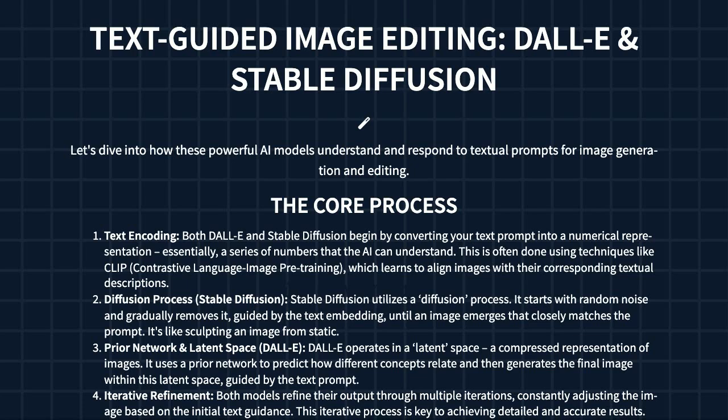DALL-E works in a slightly different way, using a latent space to make the whole thing more efficient. And both models keep refining their images over and over again based on what they've already created. DALL-E is great for making changes to existing pictures, while Stable Diffusion lets you really pick and choose exactly which parts of an image you want to edit with new text prompts. It's fantastic for localized adjustments.